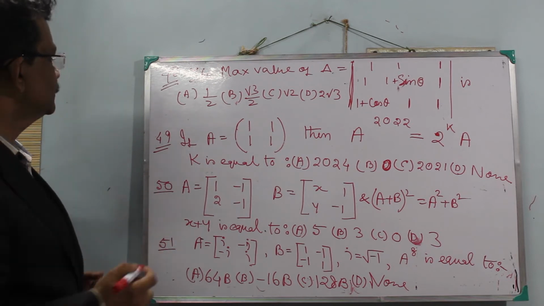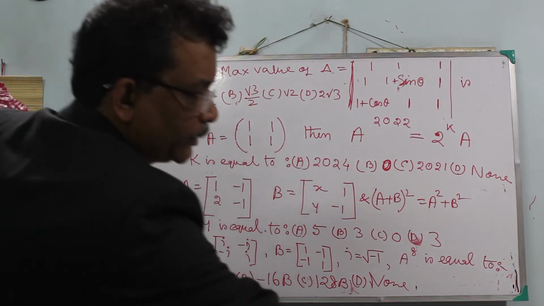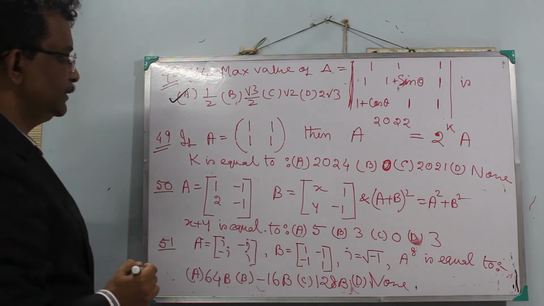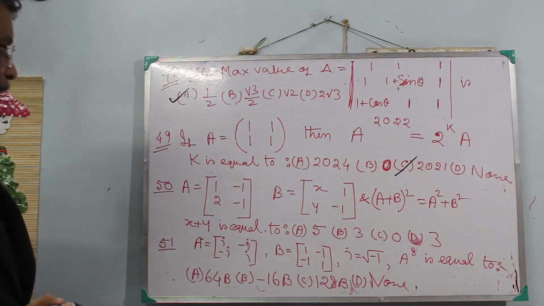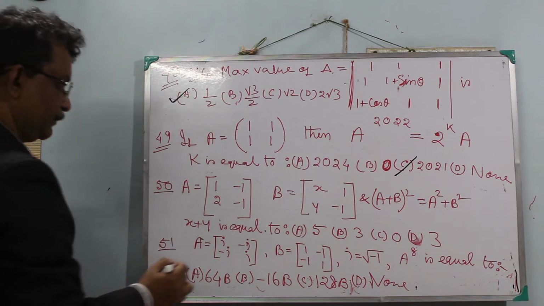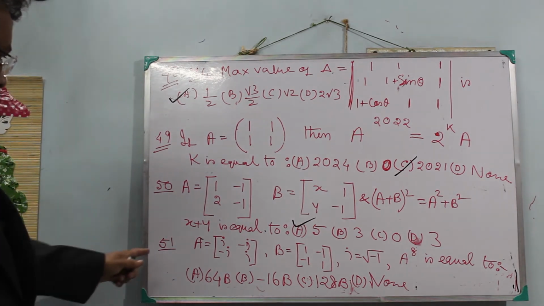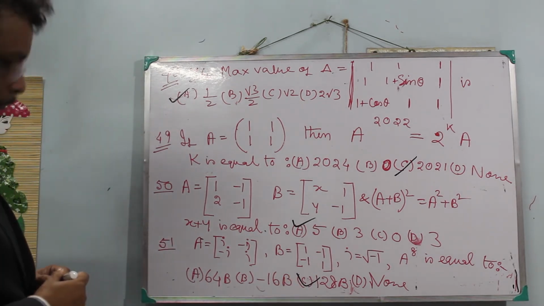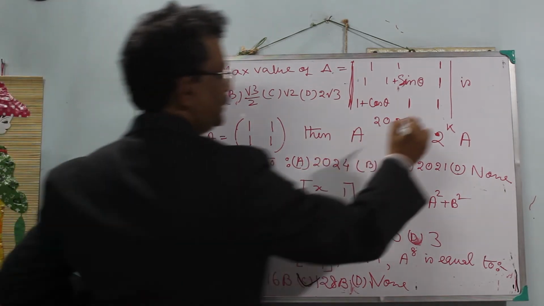Okay, the correct answer for 48 is A. For 49, the correct answer is C. For 50, the correct answer is A. And for 51, the correct answer is B. So let's start. First problem, answer is A, half.